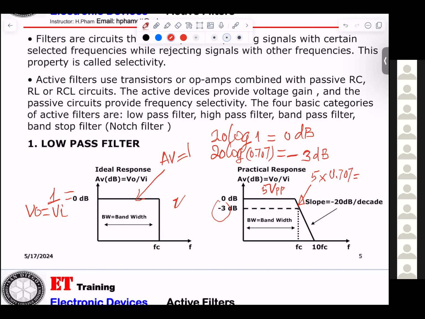Then you want to know the amplitude of the signal at that cutoff frequency, so you take 5 times 0.707, and you know 0.707 is equivalent to minus 3 dB. So the voltage would have gone down to 3.535. Okay, 3.5.